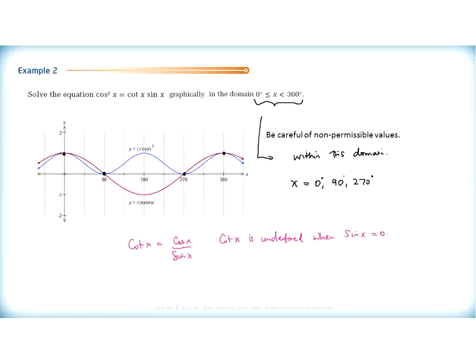So we just need to determine where sine x is equal to 0. Because wherever sine x is equal to 0, cotangent x is undefined at that point. So that value of x cannot be considered as a solution. So where is sine x equal to 0?